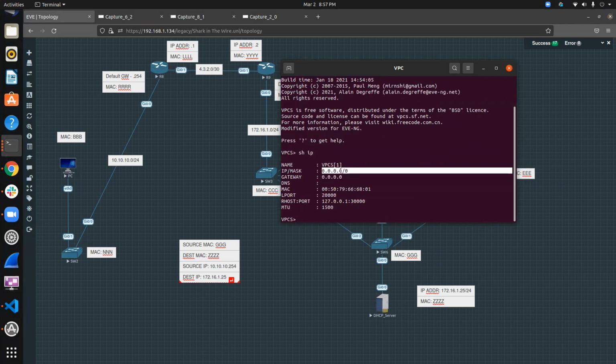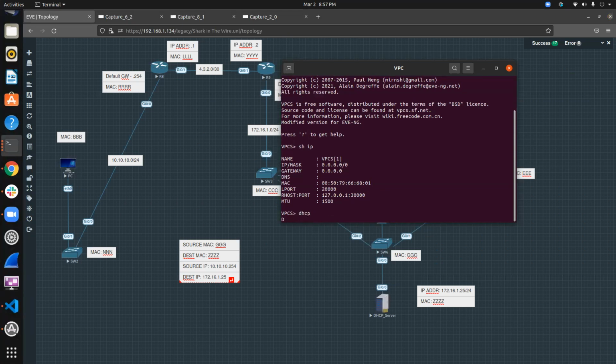It doesn't. So remember what I told you: if it doesn't have an IP address, it's going to be assigned 0.0.0.0 with a /0 subnet, correct? Yes, perfect. Of course, the MAC address doesn't match up, but that's not important right now, since those change per device. So I'm going to go ahead and request an IP address.